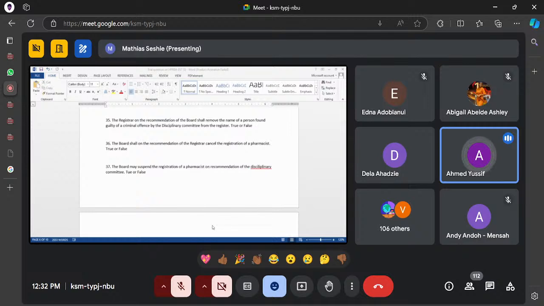But if you are found of professional misconduct, you can be removed for some number of years and maybe restored to the register. Or if you've not paid the prescribed fee, you can be removed and later restored.